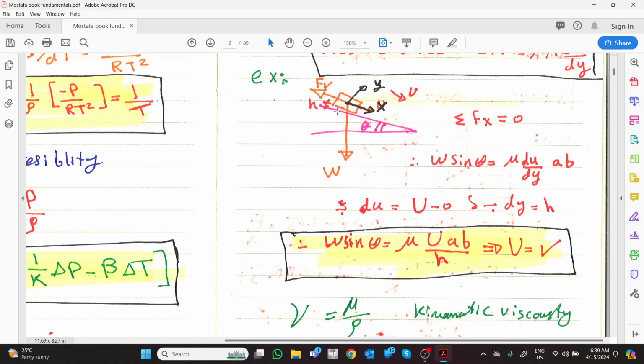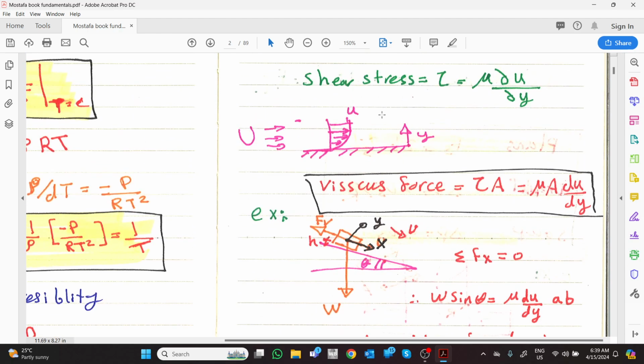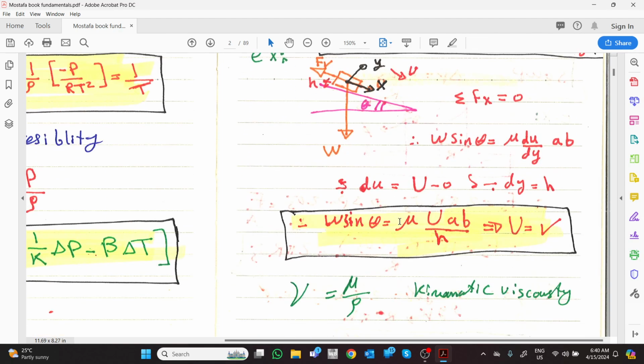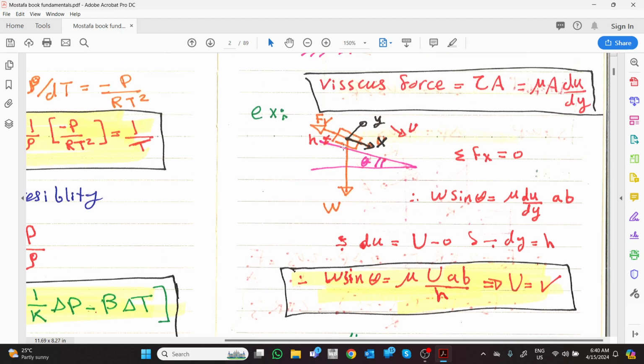Now we know that this velocity here, we assume, of course, this gap is equal to or less than the boundary layer. Later on, we're going to discuss what boundary layers are, why these approximations can be valid, and when they will not be valid. But for simplicity, if this gap is less than the boundary layer, which means we are still in the boundary layer, from here to here, the remaining one, V or U, is constant, but from here to here it varies from 0 up to U. So if we assume it like this, it is equal to the boundary layer.